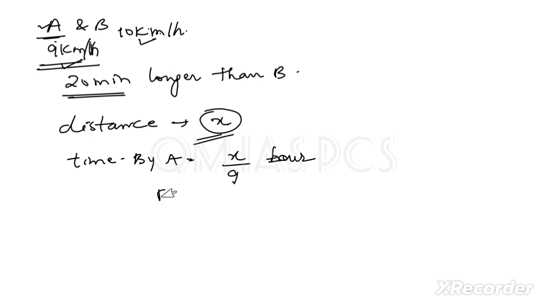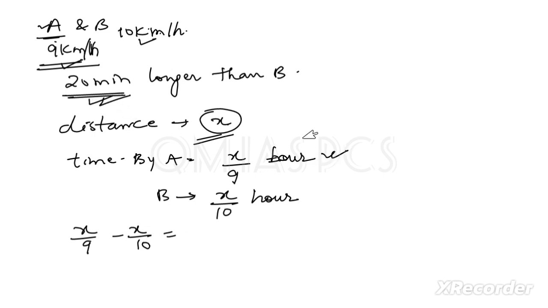For B it will be x by 10 hours. Now it is given that A's time is larger. Obviously when speed is less, time will be more. So this is x by 9 minus x by 10, and that difference is given as 20 minutes.